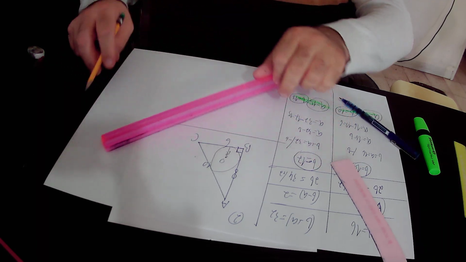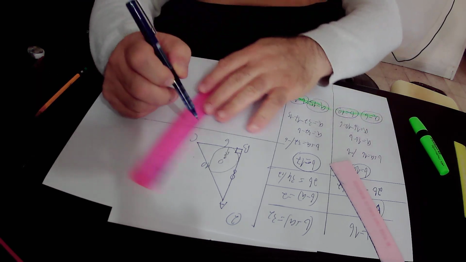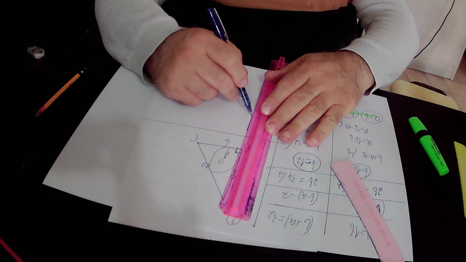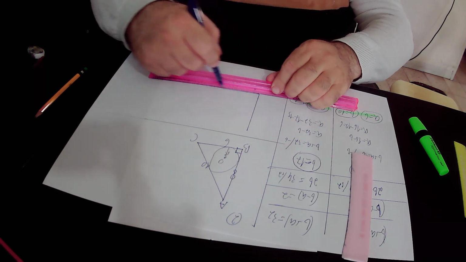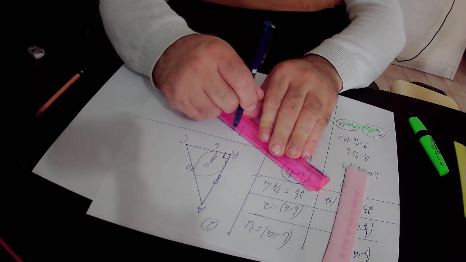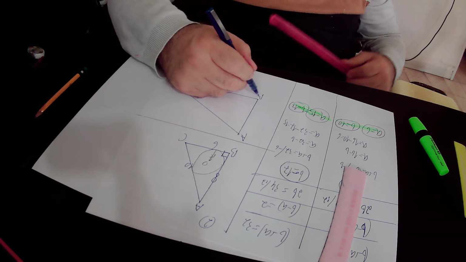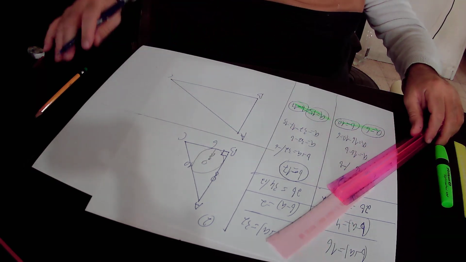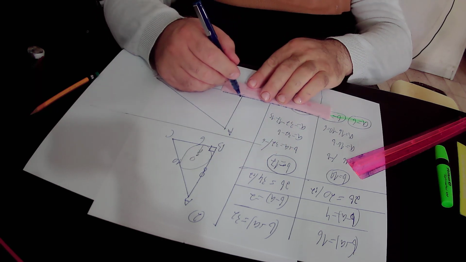According to the second solution, we found out that the hypotenuse equals 15 units. This is our triangle ABC.